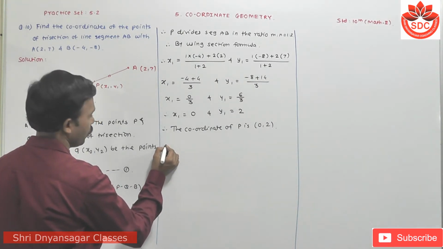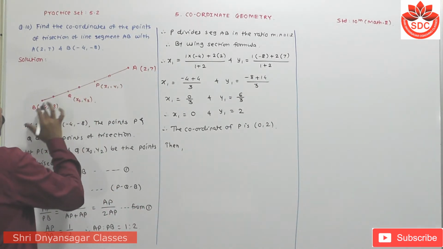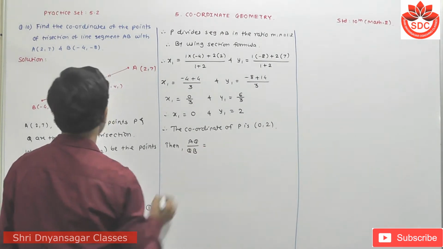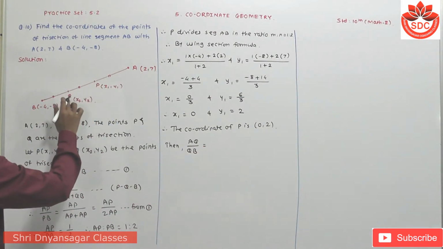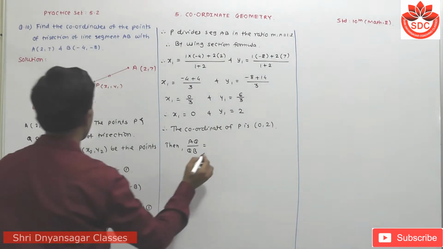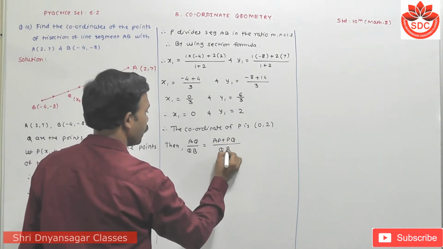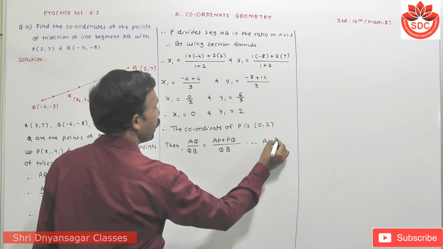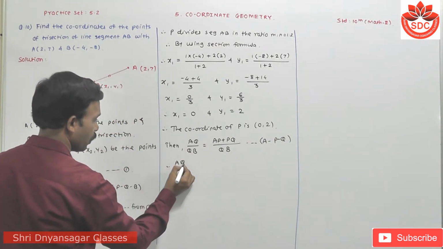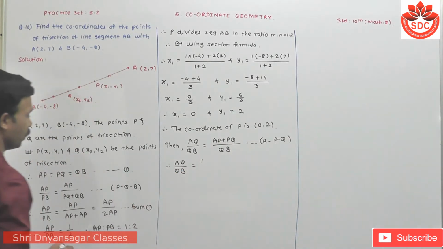So here, by using equation one again, I have to write AQ upon QB is equal to AP plus PQ upon QB.